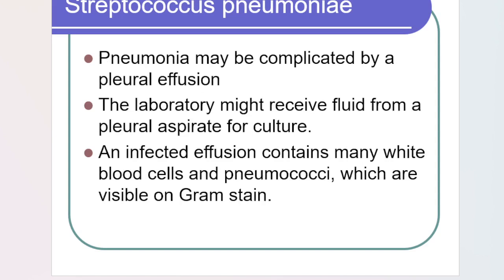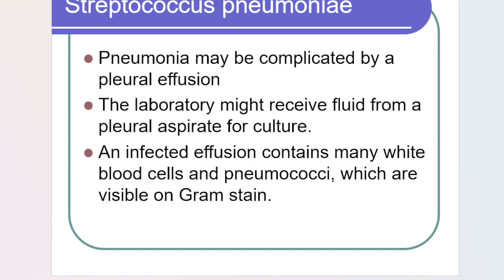So, from its term alone or from its name, Streptococcus pneumoniae is a common agent for pneumonia, wherein the pneumonia may be complicated by pleural effusion. Okay, so may pleural cavity. The laboratory might receive fluid from pleural aspirate for culture.